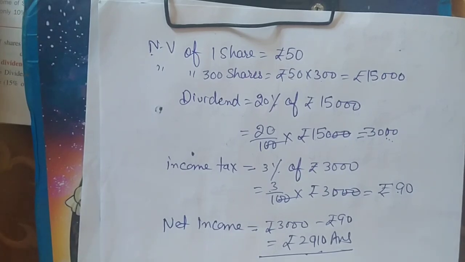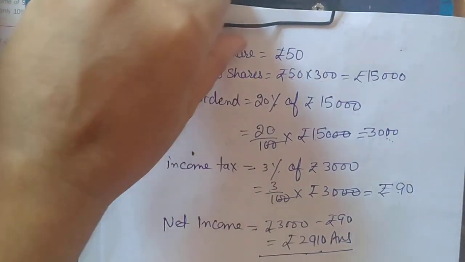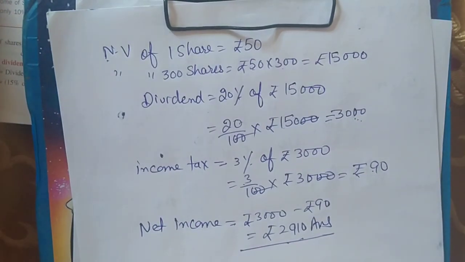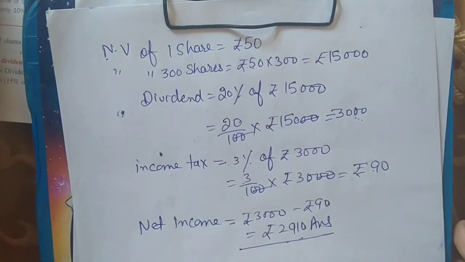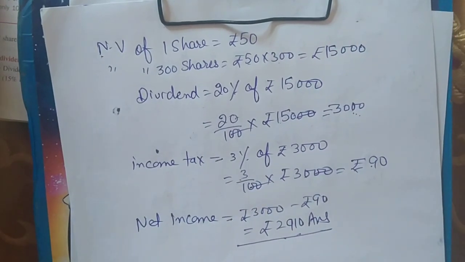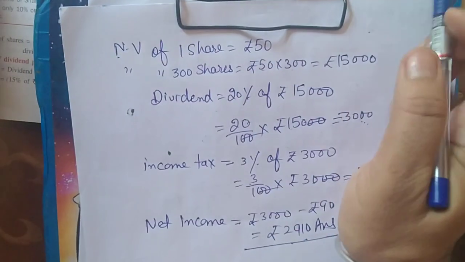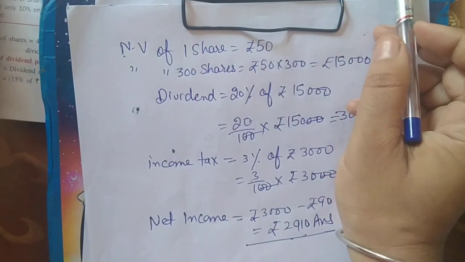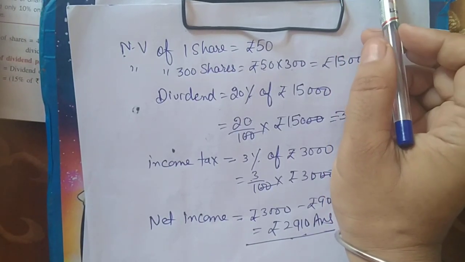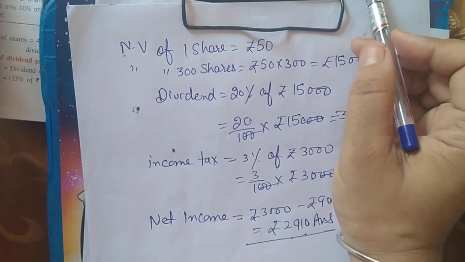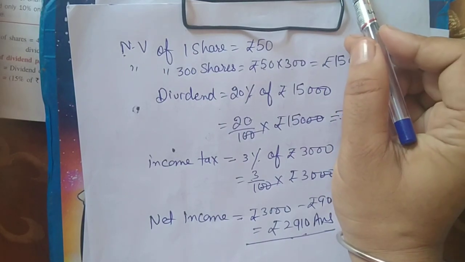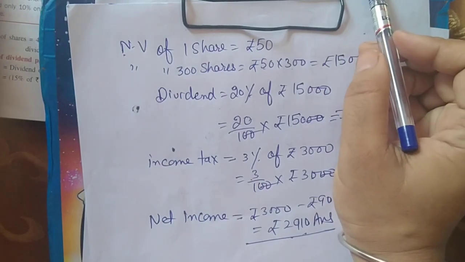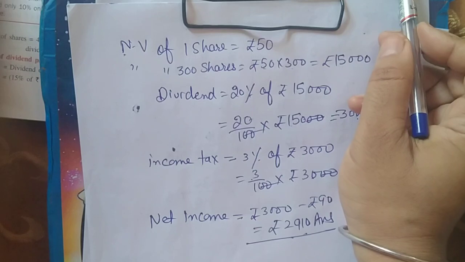Then question number 12. A company pays a dividend of 15% on its 10 rupee shares. 10 rupee shares means the nominal value of one share is 10 rupees, from which it deducts income tax at the rate of 22%, and the dividend is 15%.